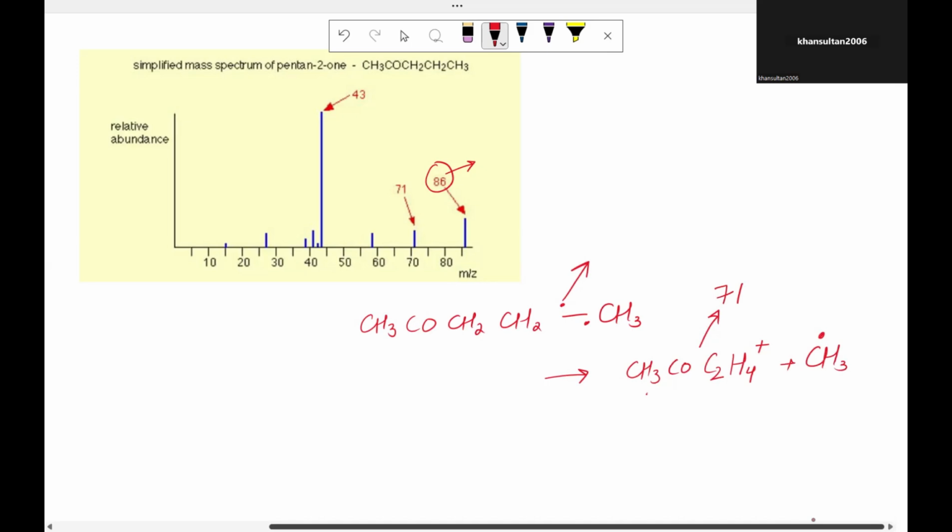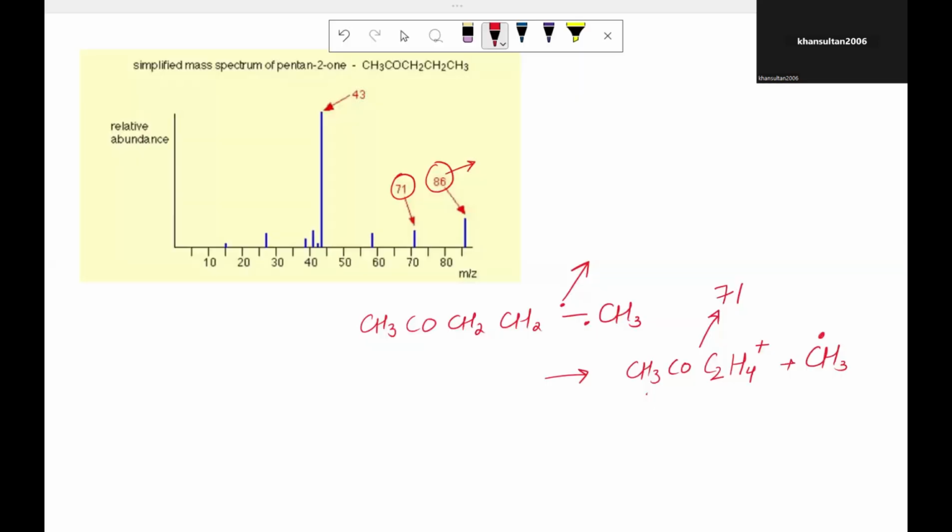So this position is represented by its molecular mass. In this way, we are getting this peak of 71.